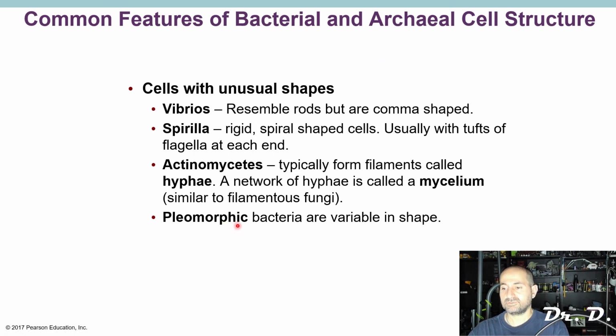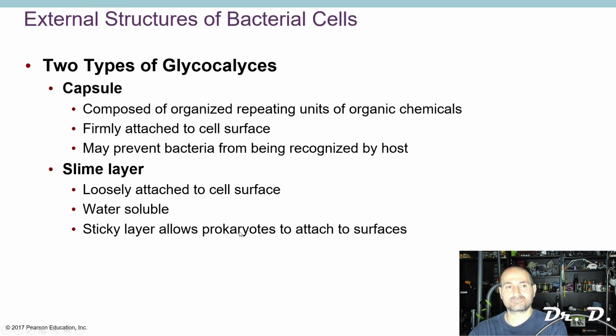Pleomorphic bacteria do not have a particular cell shape. And you know why? It's usually because they don't have a cell wall to keep them in a particular shape, okay? Remember I said not all bacteria have a cell wall. Well, the ones that don't have a cell wall are not going to be held into any particular shape. So they're going to be pleomorphic, if that makes any sense.